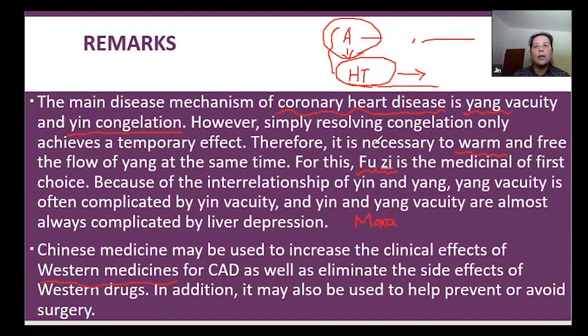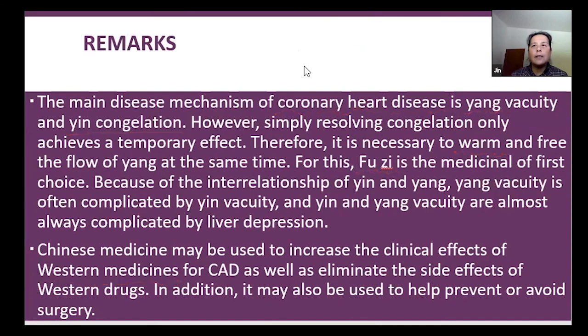Truly we can use them at the same time, but we need to separate the different kinds of conditions. So that is the complicated and severe situations for coronary artery disorder. So that's how we finish this illness.